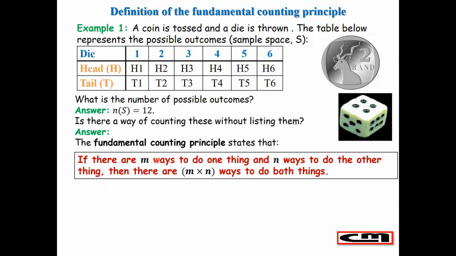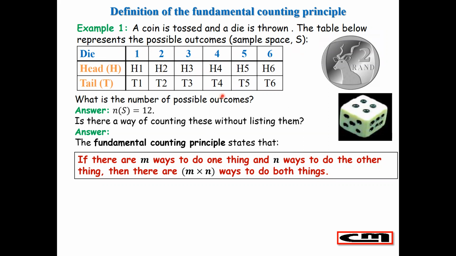The ways are simply like the possible outcomes, right? What are the possible outcomes? Suppose I throw a die. Those are being represented as the ways of doing one thing, right? The same can be said now: what are the possible outcomes if I throw a die? I can get a 1, a 2, a 3, up to 6. Those are the possible outcomes that can come out.